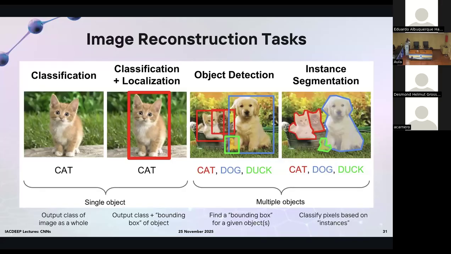I'm finding where the object is located, and then I'm also classifying what the object is. For instance segmentation, I'm interested in the individual instances of that object showing up in the image. So instead of just cat, dog, I'm interested in cat 1, cat 2, dog, dog. The individual occurrences of those objects popping up in the image, in addition to where they're located in the pixels.